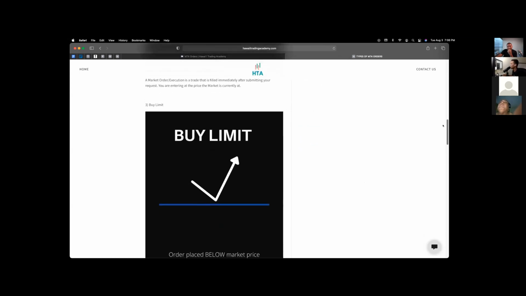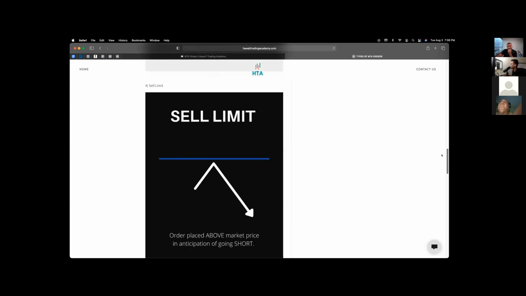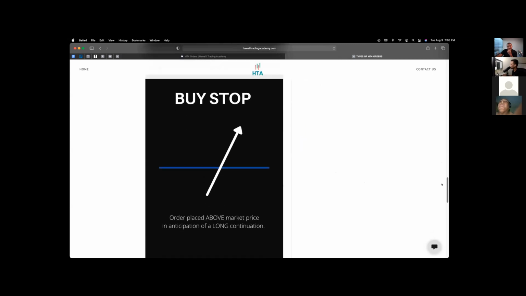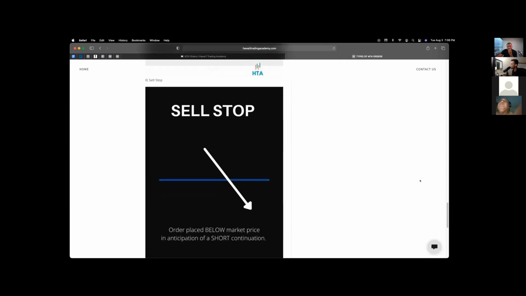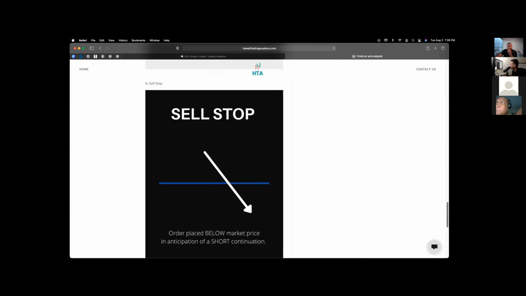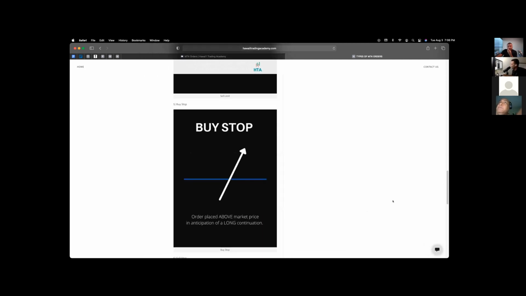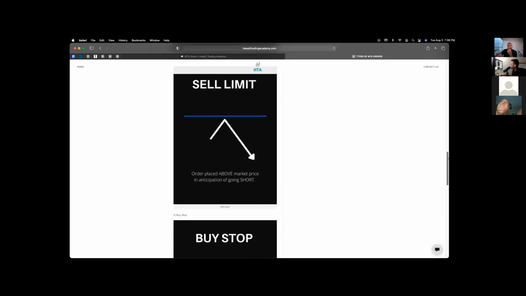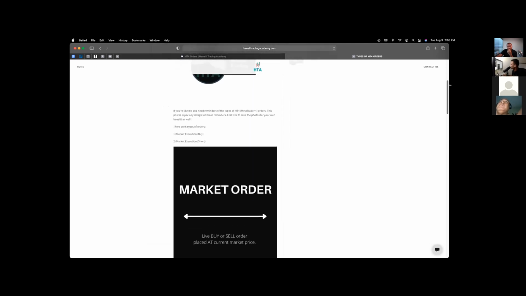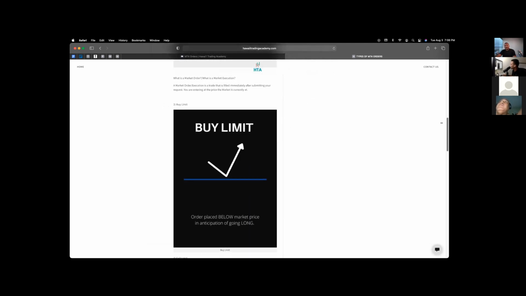You have a buy limit, sell limit, buy stop, and sell stop. We'll go over it in more detail after. I just wanted to show you guys that these visuals help me a lot in understanding what type of orders there are.